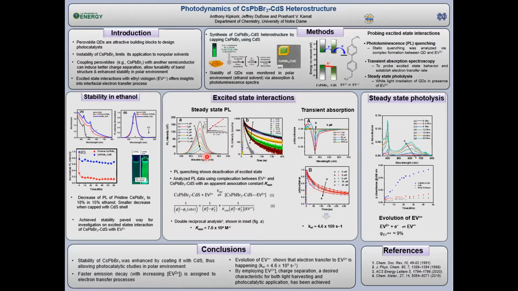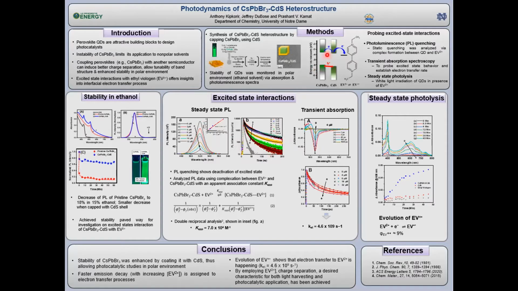And an interesting thing also is, as you see the PL lifetime is becoming faster and faster as you increase the concentration of the quencher, in this case ethyl viologen, signaling that we're having a new recombination pathway that is faster than when you only have the perovskite, or rather this heterostructure.